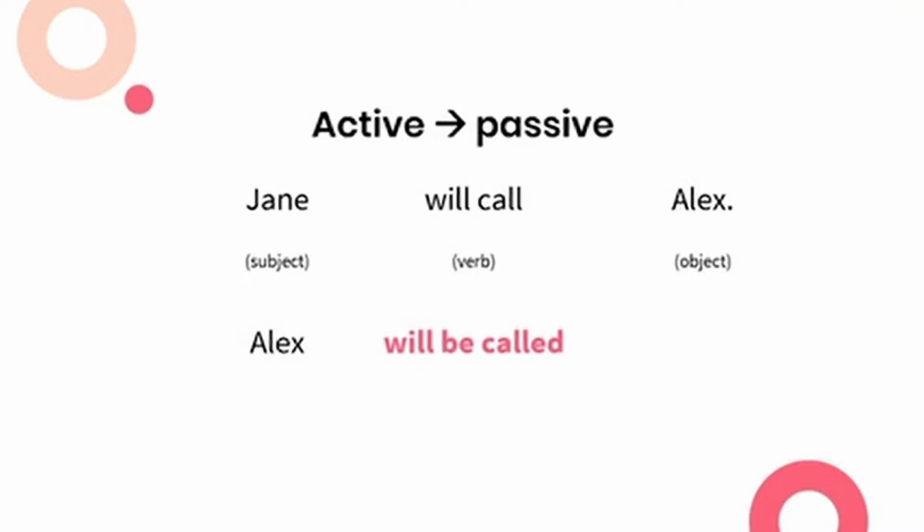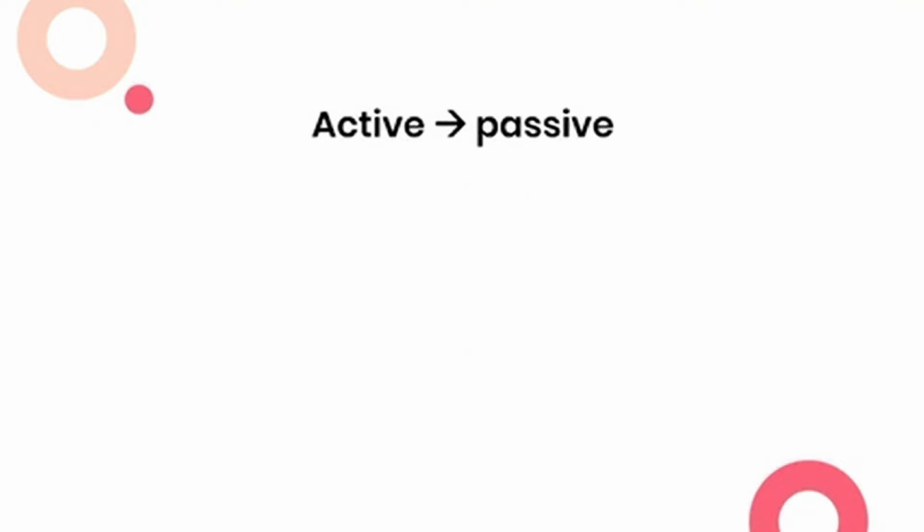Alex will be called by Jane. So, we've got our object, Alex, our verb, will be called, and our subject by Jane. So as you can see, the verb changes from will call to will be called. And we added the word by to the subject to show that Jane is the doer, even though the word Jane is at the end of the sentence.